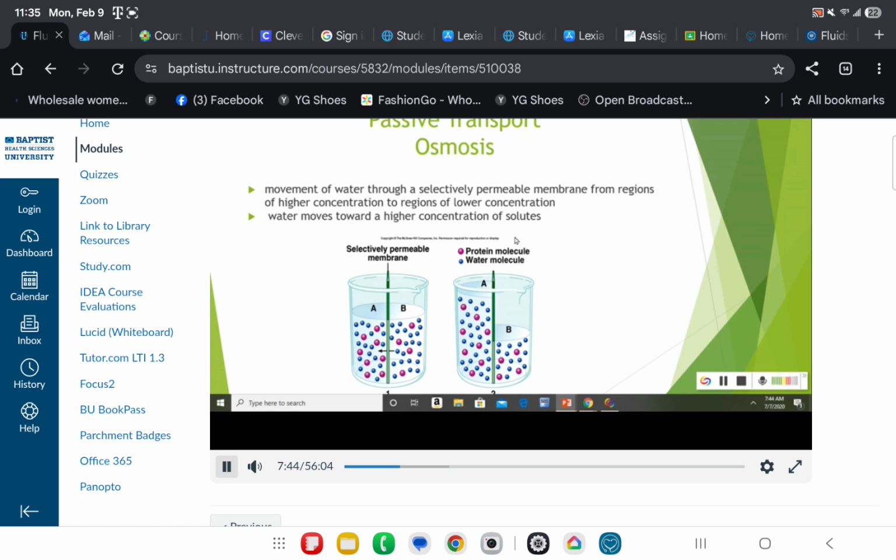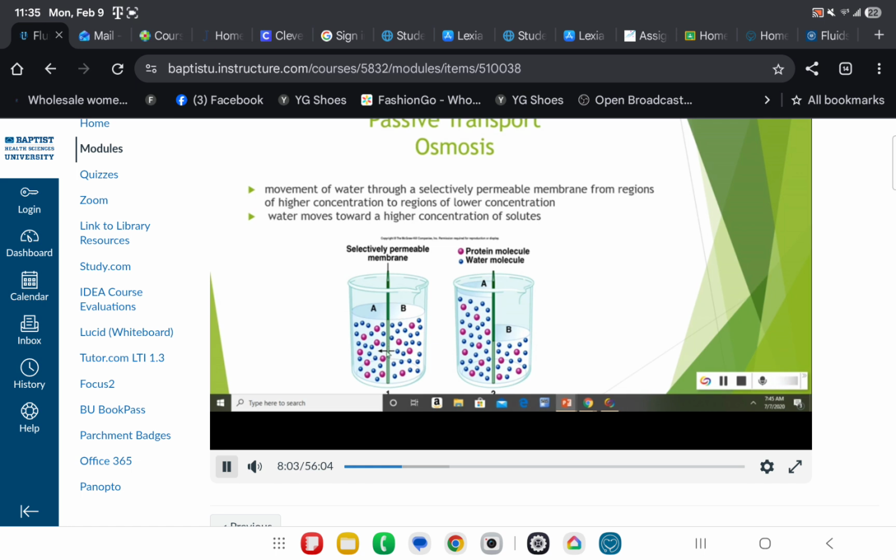Because if you have low solutes, you're going to have more water. If you have more solutes, you're going to have less water.